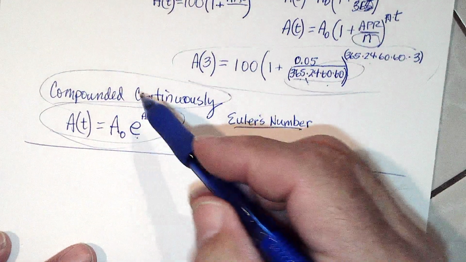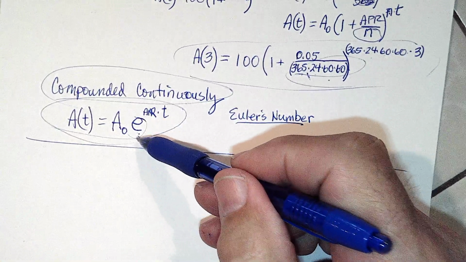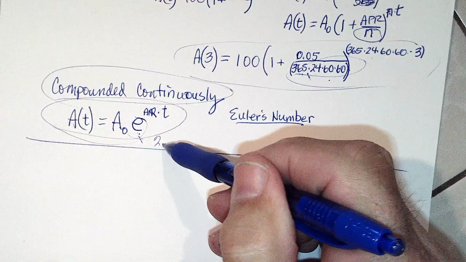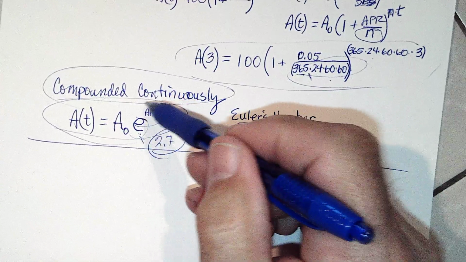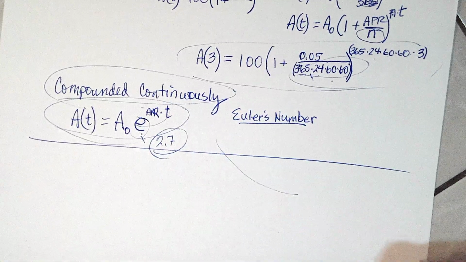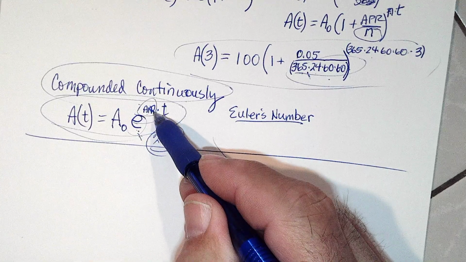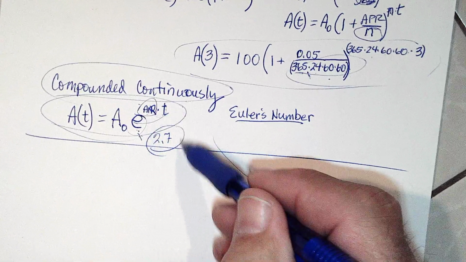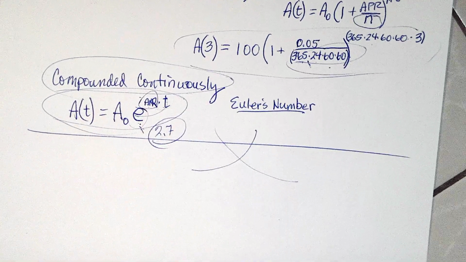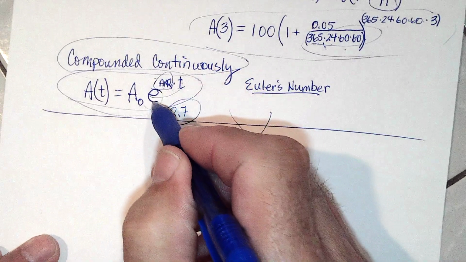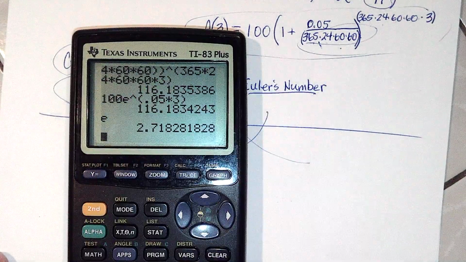So this is a growth model because e is 2.7. It's bigger than 1. Now, if there was a negative exponent, it would be a decay model. But since this is a positive 0.05t, that's a positive exponent, it would be a growth model, and we could graph it. And what's special about e? If I were to graph it, let me just do it on here.